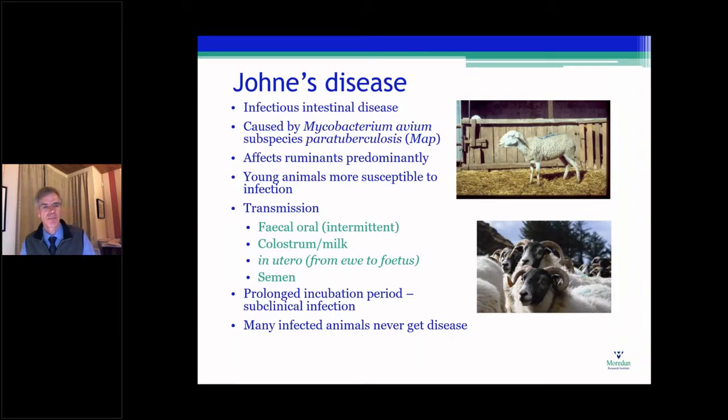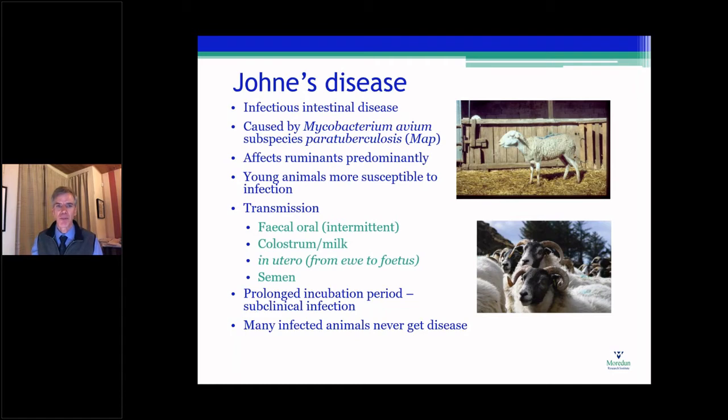So Johne's disease is an infectious intestinal disease caused by Mycobacterium avium subspecies paratuberculosis, MAP for short. So I'll be calling it MAP from now on this evening. It really is a wasting disease.